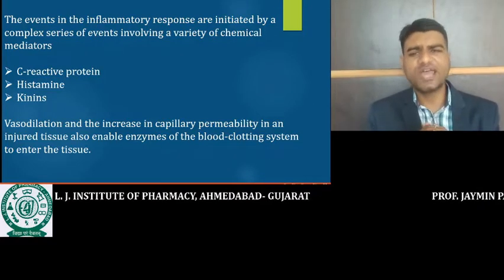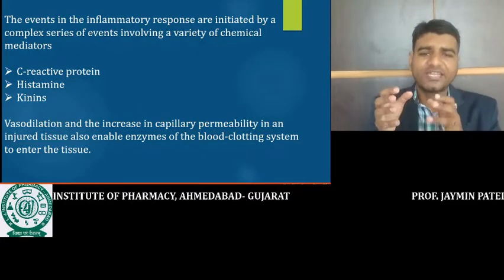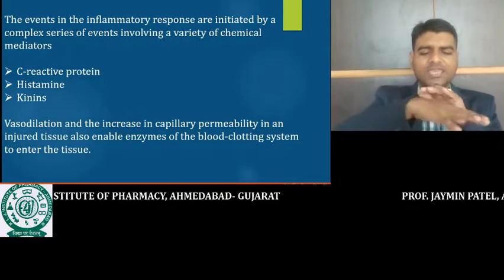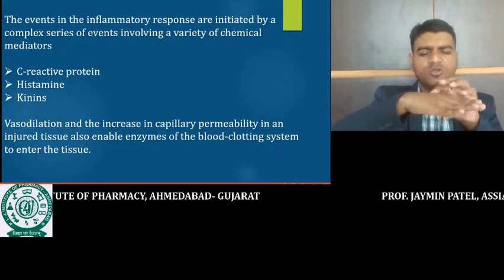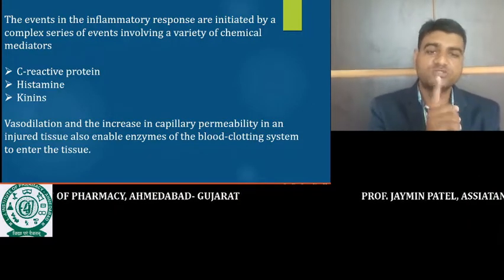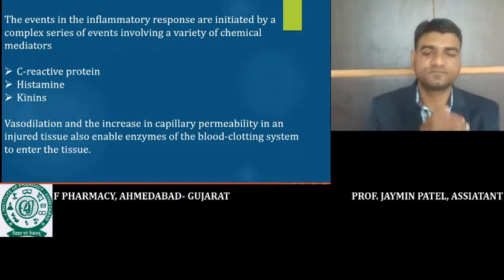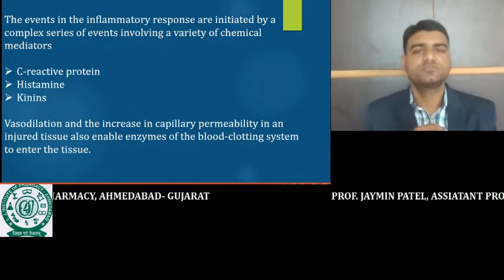Now when vasodilation occurs and capillary permeability is activated, fluid is exuded from the capillaries, and permeability increases. Side by side, one important mechanism is responsible for controlling the pressure in the blood vessels, that is the blood clotting process.